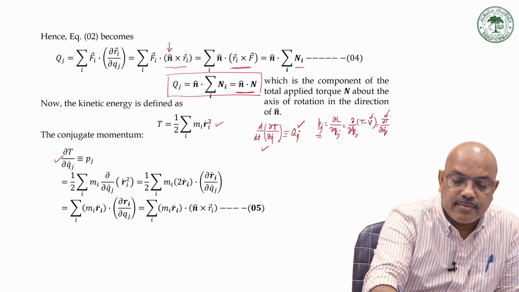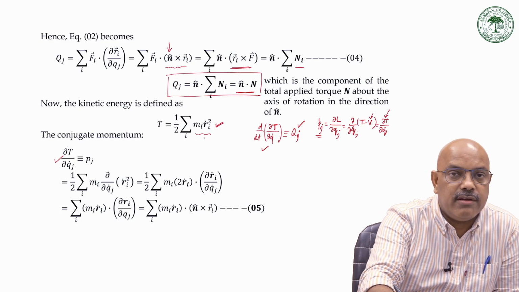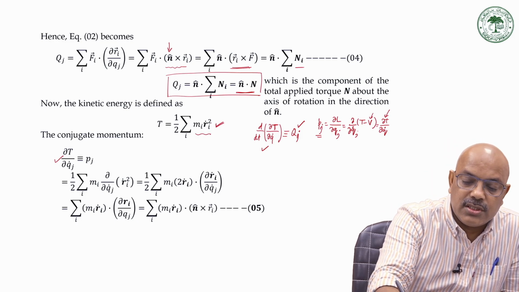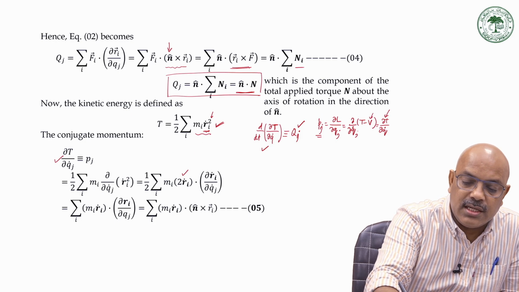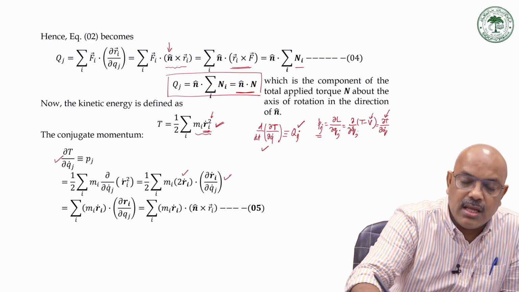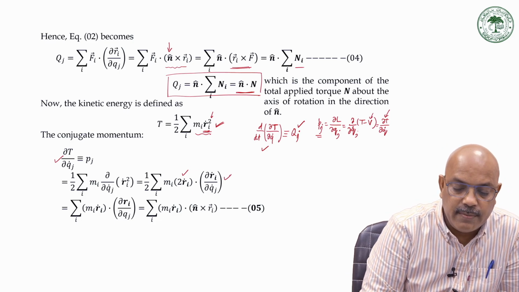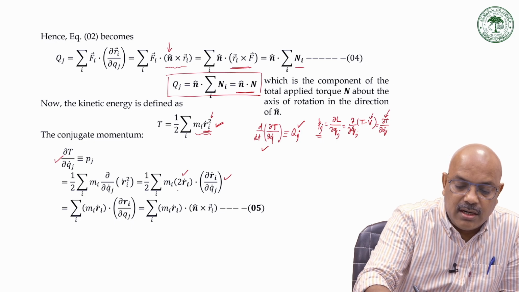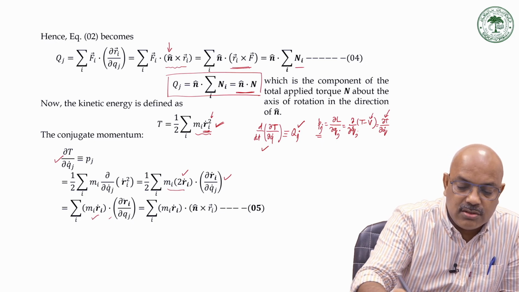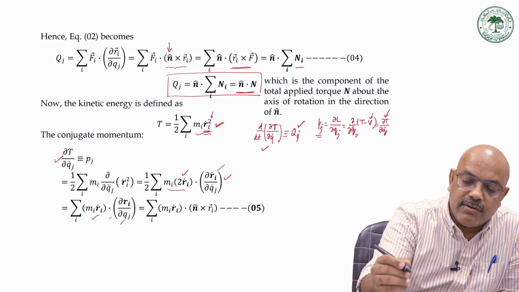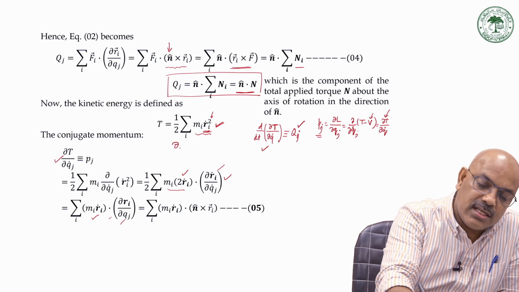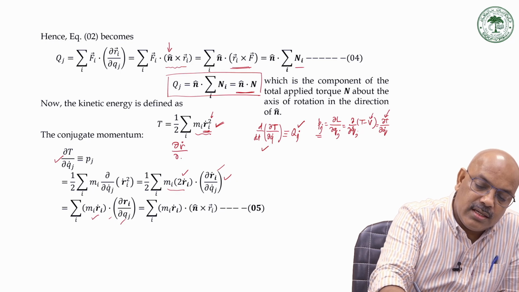T is half mi ri dot squared. If I differentiate with respect to Qj dot, this is going to be twice ri dot, mi is constant, and then delta ri dot by delta Qj dot. So I can have this mi ri dot, dot product with delta ri dot upon delta Qj dot. We have already proved that delta R dot upon delta Qj dot is going to be delta R upon delta Qj.